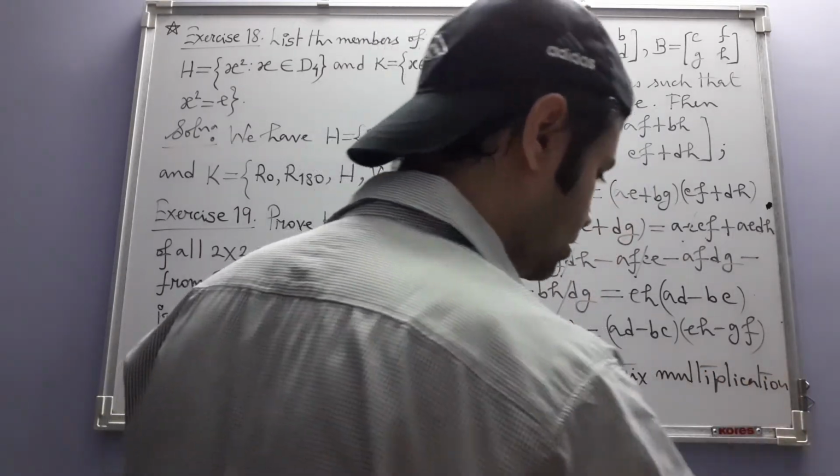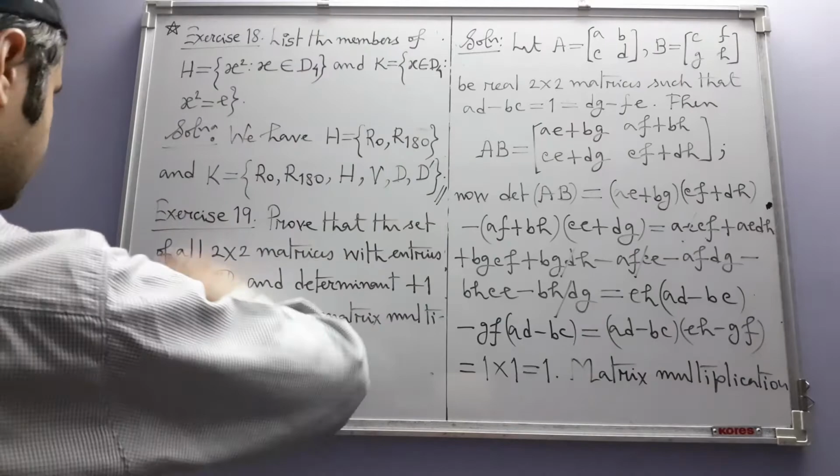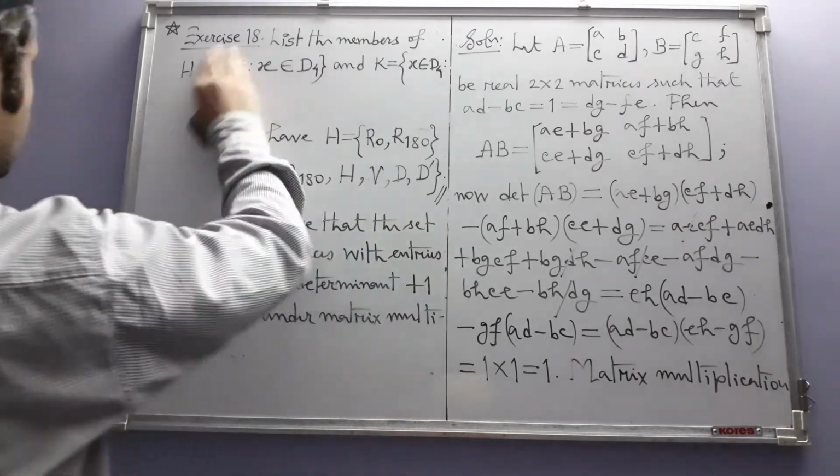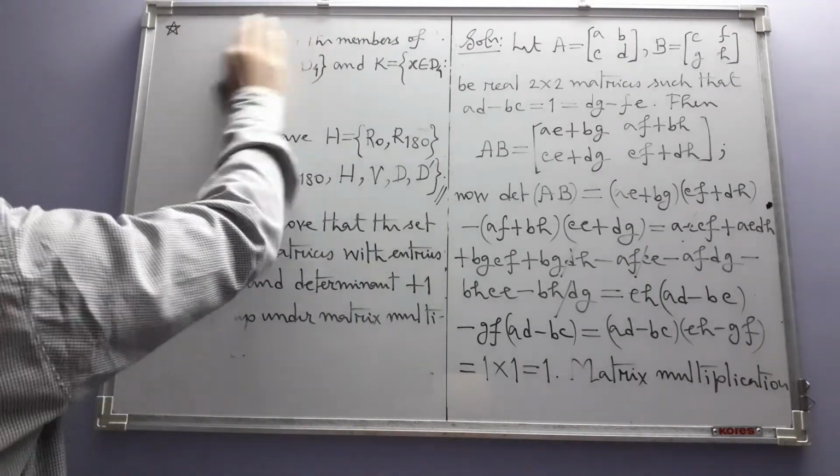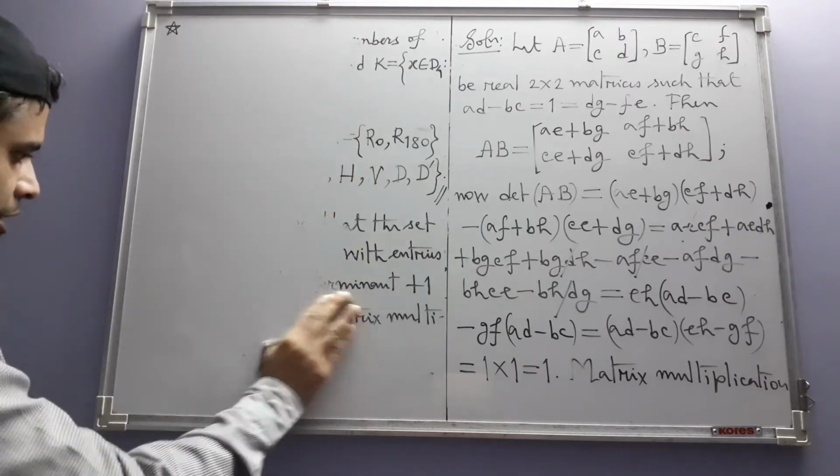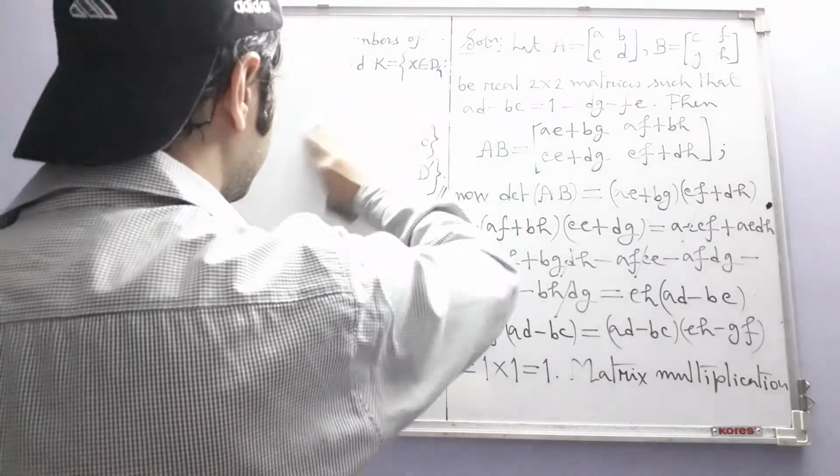Matrix multiplication is associative. This is a result that we already know, or in this case you can verify also if you want, because we have 2 by 2 matrices, which I am not going to do.